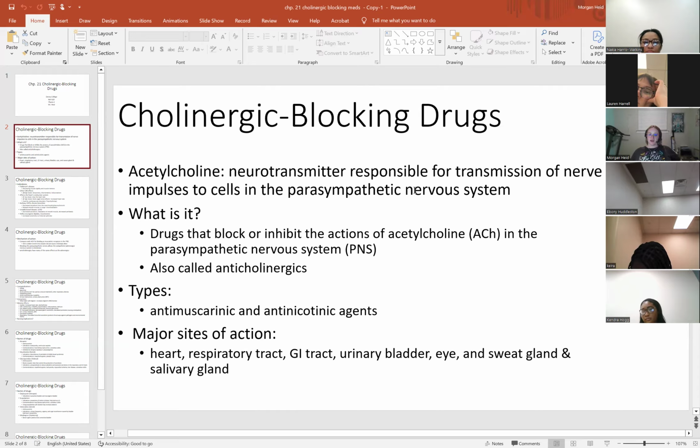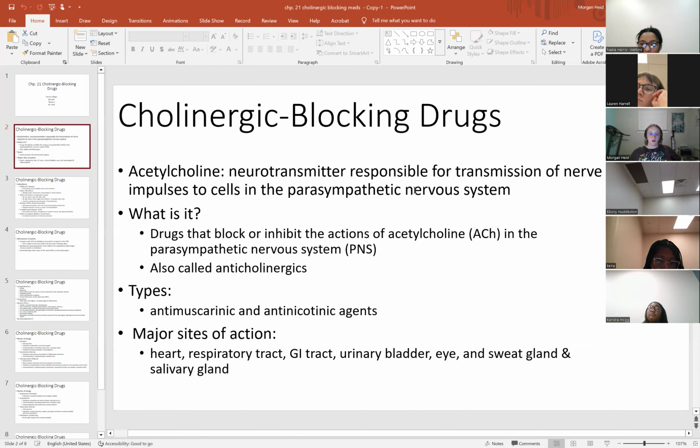So if I have the acetylcholine sending the message, but the message can't actually land on these receptors and tell the organs what to do, then the organs aren't going to do that particular thing from the parasympathetic nervous system. So that's why it's a blocker.